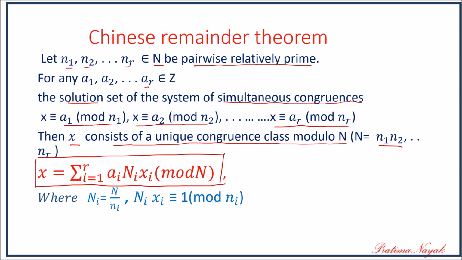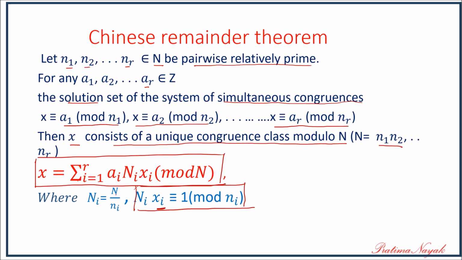And how is xi calculated? It is Ni xi congruent to 1 modulo ni. So it seems to be difficult, but when we go to the problem we solve, it is not that difficult.